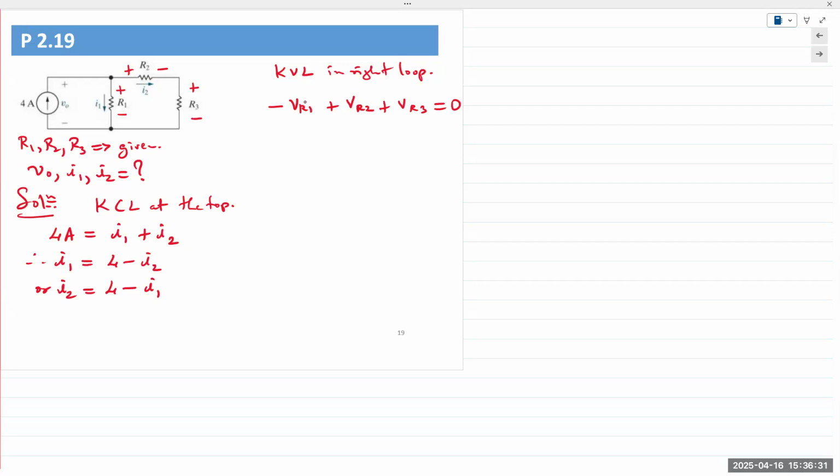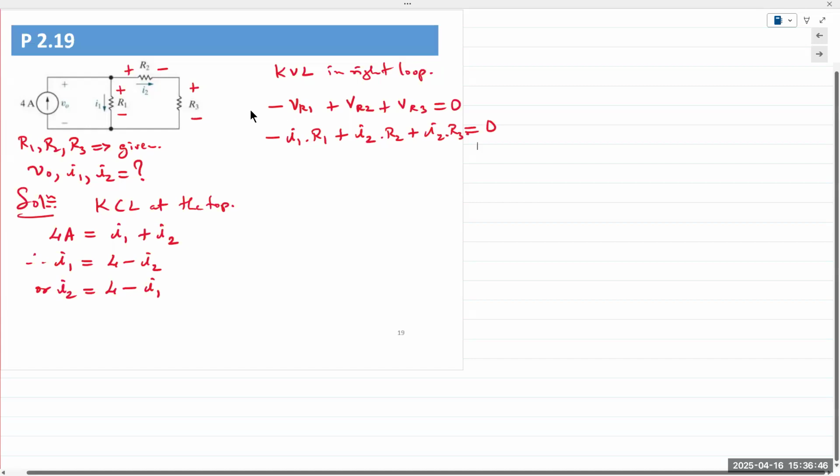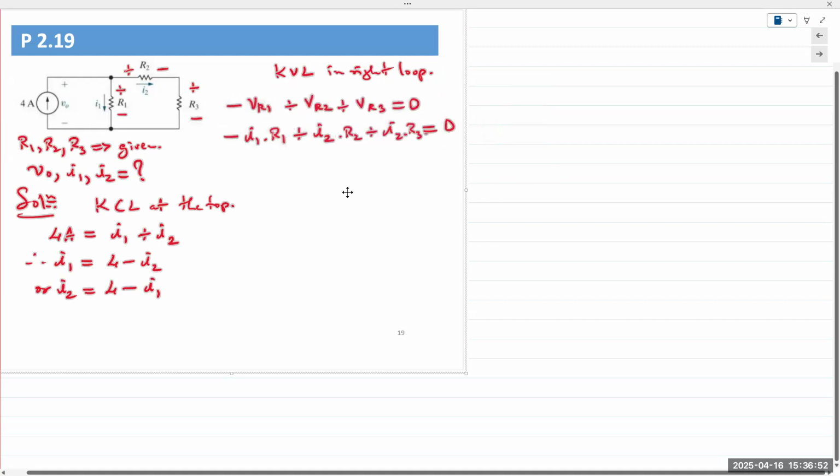Now, VR1 is going to be minus I1 times R1 plus I2 times R2 plus I2 times R3 equal to 0. So simply applied Ohm's law and expressed each voltage drop in terms of the current and the resistance.